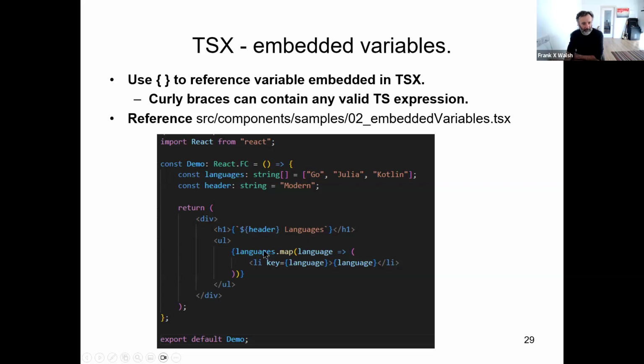And also, you see here, that's just regular JavaScript, I'm doing a map here. I'm mapping the languages array onto an array of list items. You see that there? So that's it in action, it's pretty cool. And then down the bottom here, I just export default Demo, our React functional component.